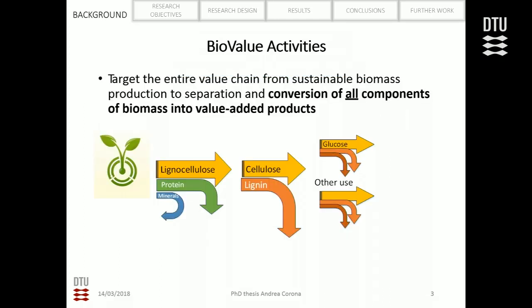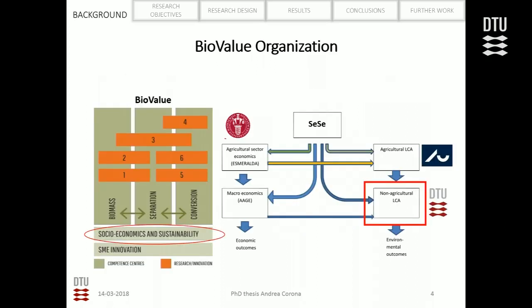The focus of BioValue is to develop new technology to upgrade all the components from the biomass, so not only focusing on glucose, but exploiting all the potential feedstock available in the biomass to produce value-added products. BioValue is organized in 6 main sub-projects, which cover the whole conversion value chain, from the biomass production to the separation and the production of the bio-based product.